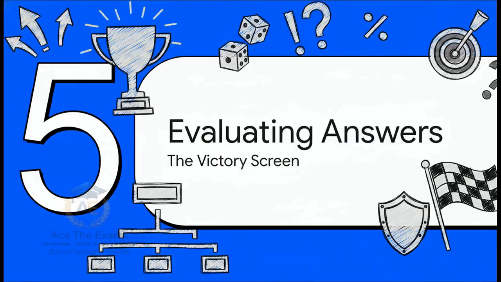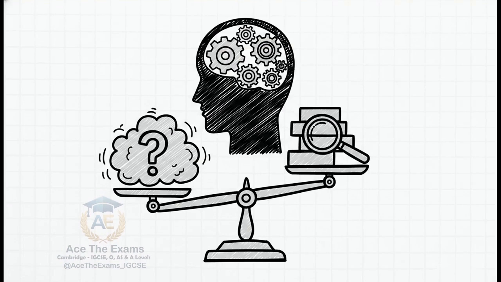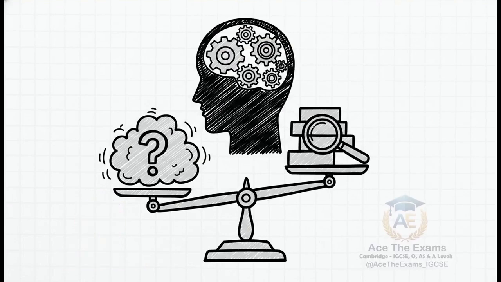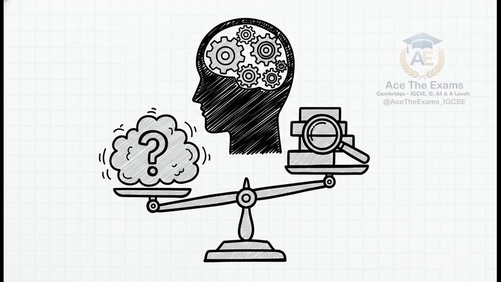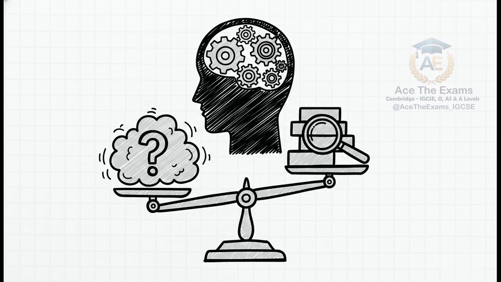We are at the final checkpoint, Section 5, Evaluating your final answer. This brilliantly illustrates what top-tier, A-star critical analysis looks like when the clock is sweating you. In high-tariff, multi-stage questions, Cambridge doesn't just want a number. They want you to justify a decision. To max out your score, you must identify limitations.